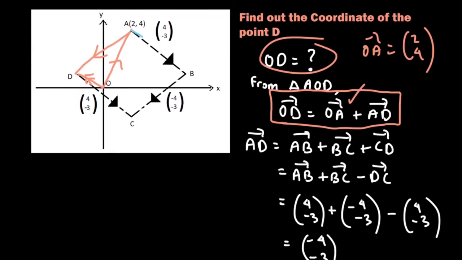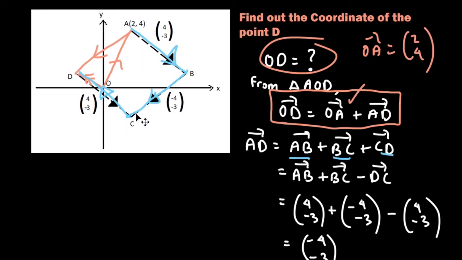AD is this, right? It can be found easily by taking this direction. Okay. All right. So AD is actually equal to AB plus BC plus CD.